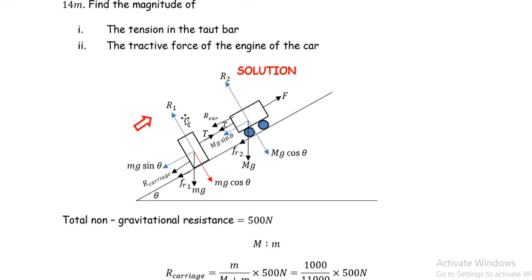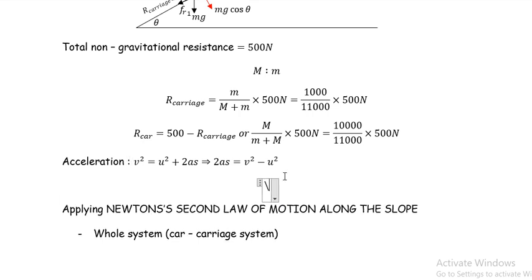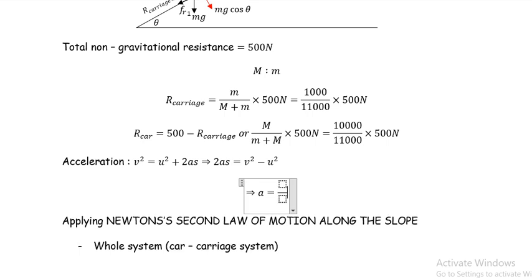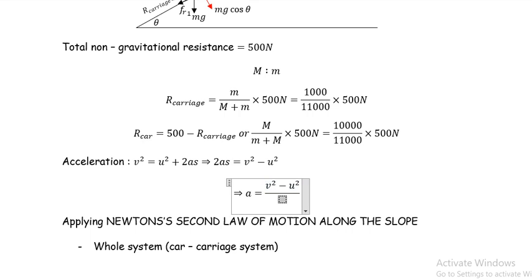How do I find acceleration? I just need to use a formula that has no time inside. So v squared is equal to u squared plus 2as. From here, 2as is v squared minus u squared. Now we can easily find the acceleration by dividing both sides by the distance. So my acceleration of my system is v squared minus u squared divided by 2s.